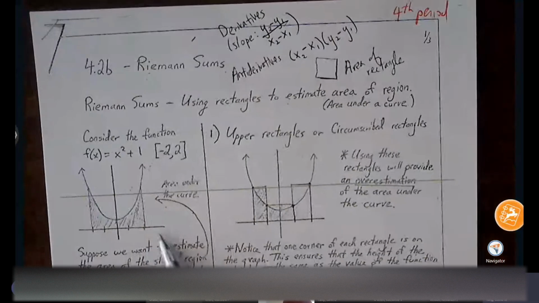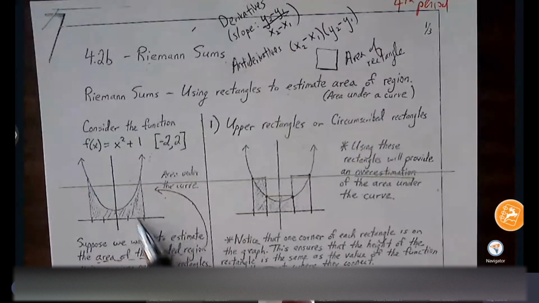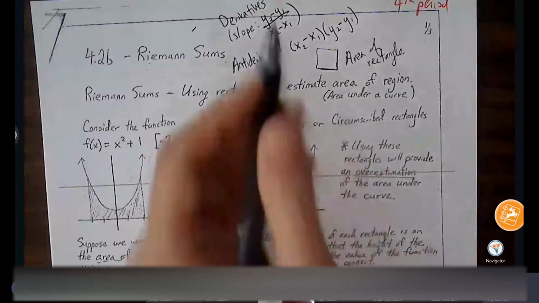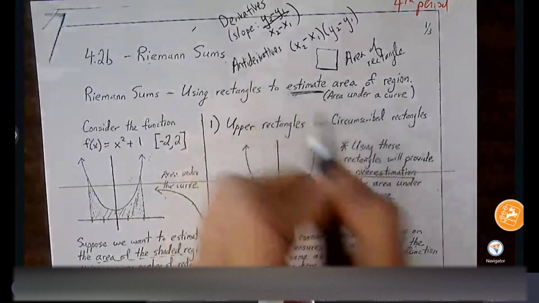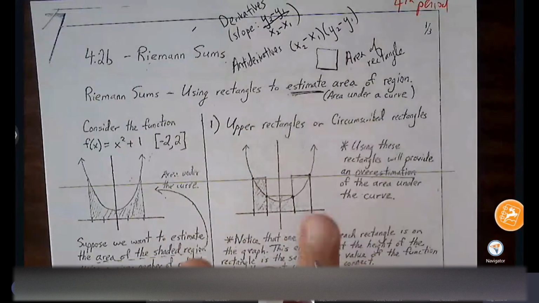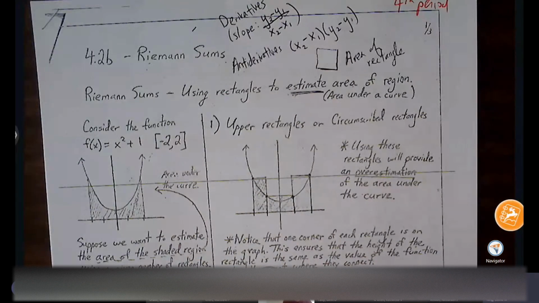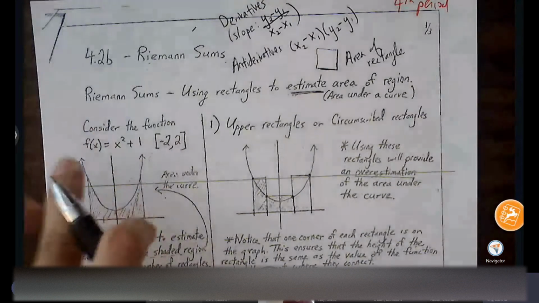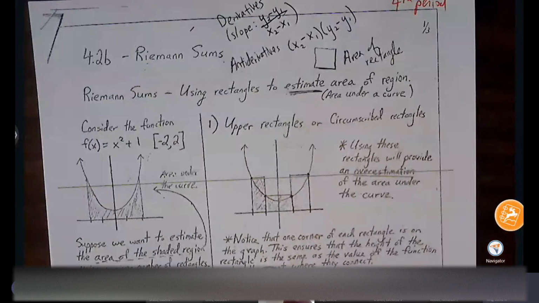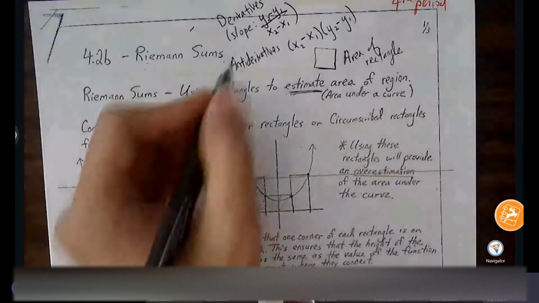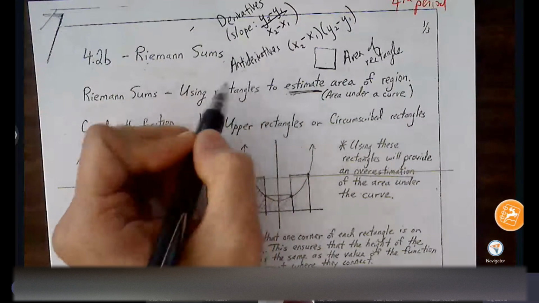But before we get to the calculus portion of finding exact area under the curve, we're going to first focus on the estimation portion of it. And the estimation portion is going to be helpful for us to see how that bridge is going to be achieved to get from approximation to exact area. Okay. And the easiest area formula that we have is rectangle.